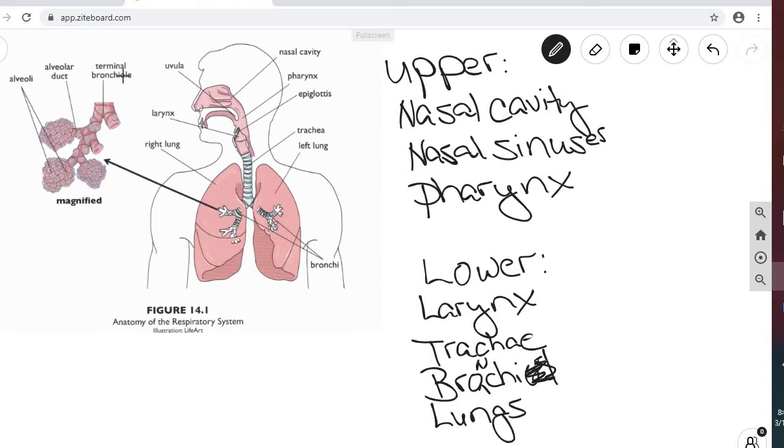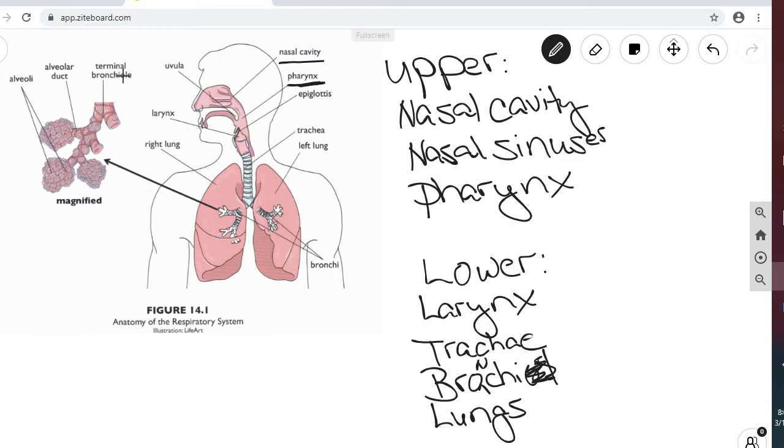Okay, you can see those different parts. So here's the pharynx. So the nasal cavity is obviously up here, and the sinuses surround that, and then the pharynx would mark the end of the upper respiratory system.